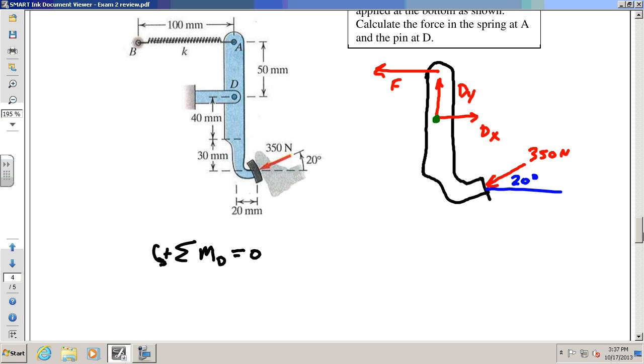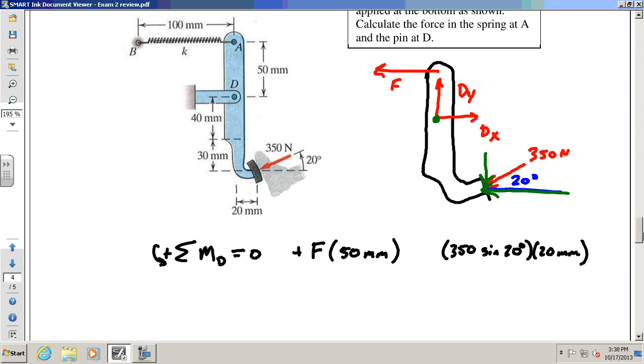What do you got? Well, you got F times 50 millimeters. If you want to keep it like that, that's fine. And that's a positive moment about D. And then you got the 350 Newton force at a 20-degree angle. I would just break that up into a horizontal and vertical. Let's take a look at the vertical. The vertical force applied at the brake pedal is going to be 350 times the sine of 20 degrees, and its perpendicular distance to D is 20 millimeters.